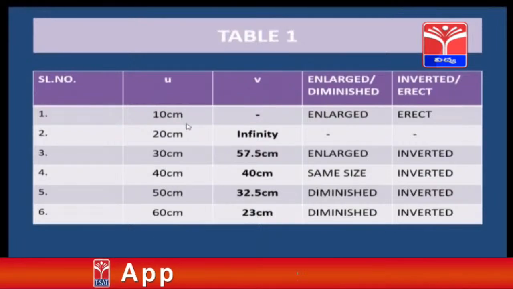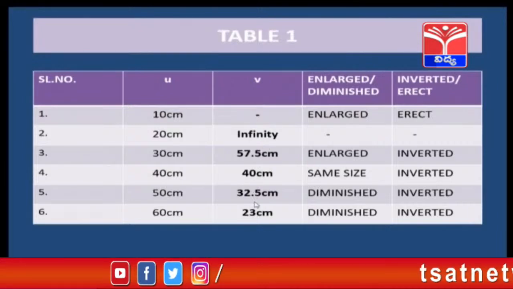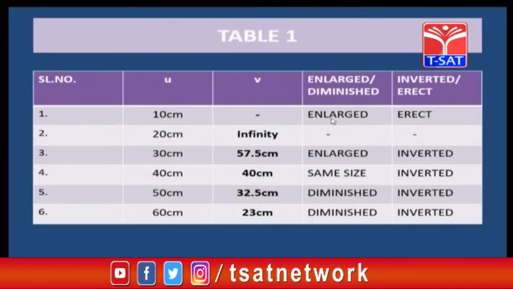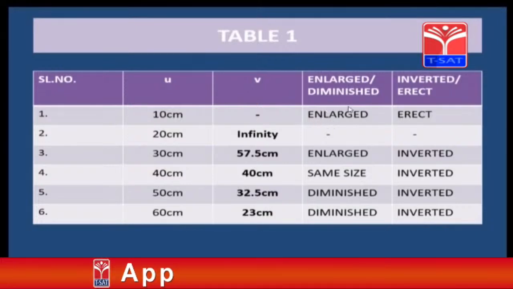We have taken the object at different positions from 10 to 60 centimeters, and we have seen the various image positions. We have also made a note of how the image appeared, whether enlarged or diminished, inverted or erect.